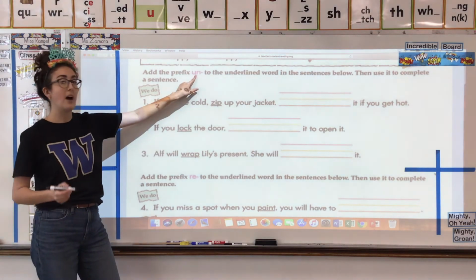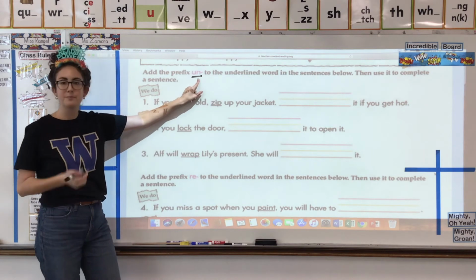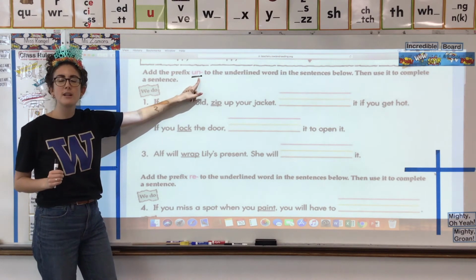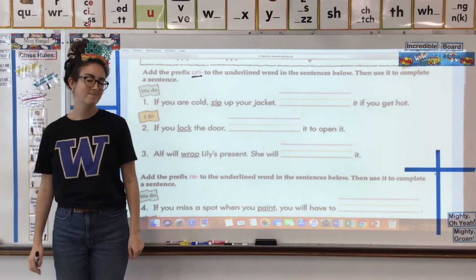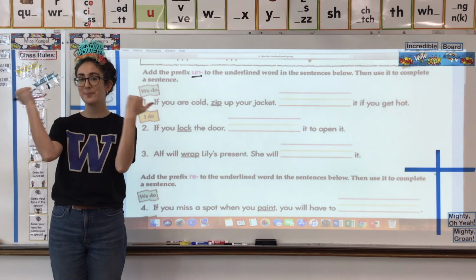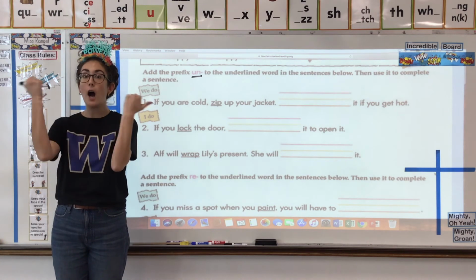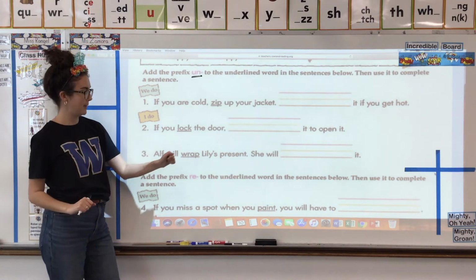We're going to work with un, our prefix un. Can you tell me? What is the meaning of the prefix un? What does that mean? It means no or the opposite. So let's see what it does to a verb.